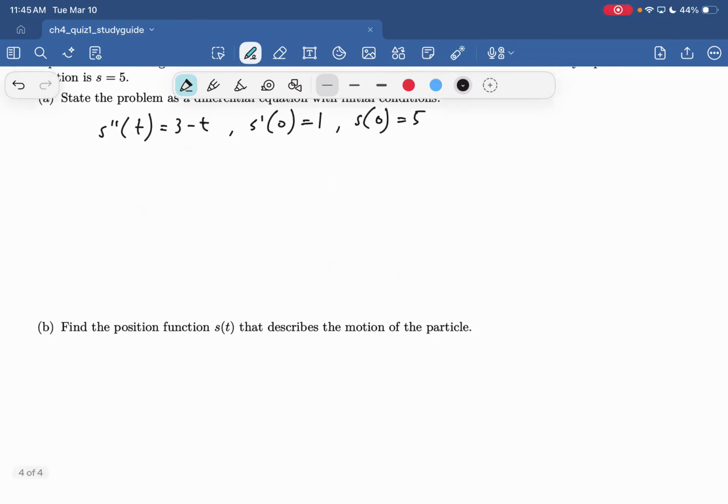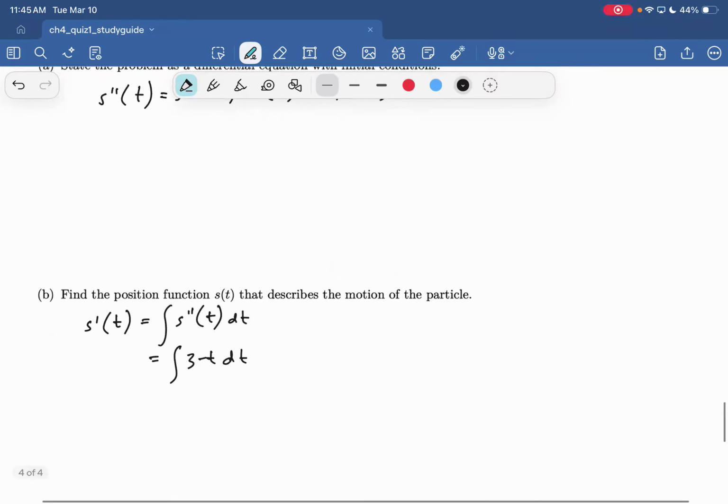So that's our differential equation with initial conditions. To find the position function, we just need to integrate twice using this information. First we need to find the velocity, which is the first derivative. So we're going to integrate the acceleration. That's the integral of 3 minus t dt, which is equal to 3t minus 1/2 t squared plus c.